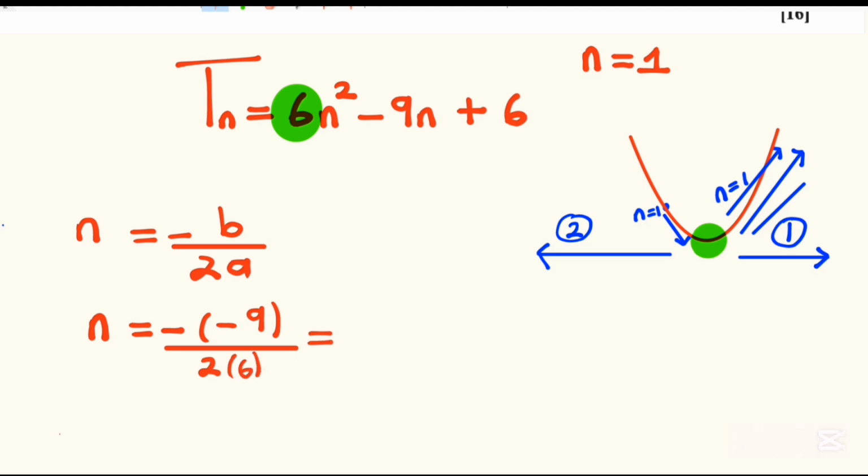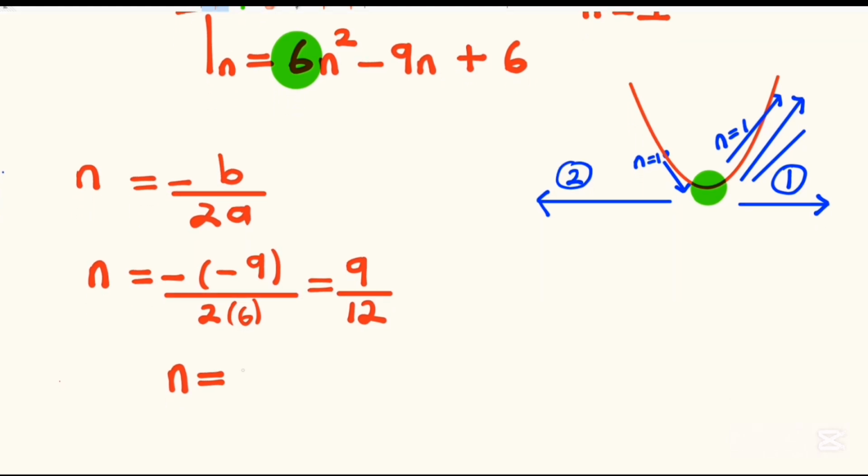Negative multiplied by negative 9 is equal to positive 9, and 2 multiplied by 6 is equal to 12. Our n will be equal to 9 divided by 12, which is equal to 3 divided by 4.